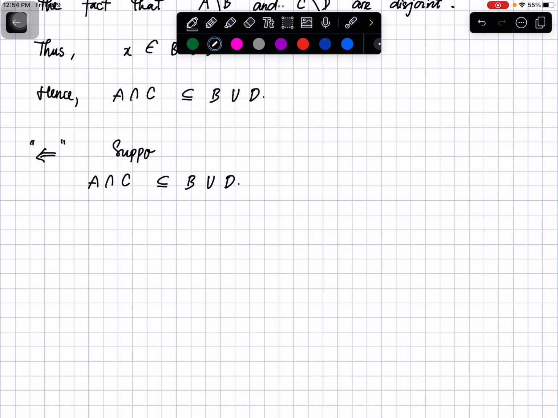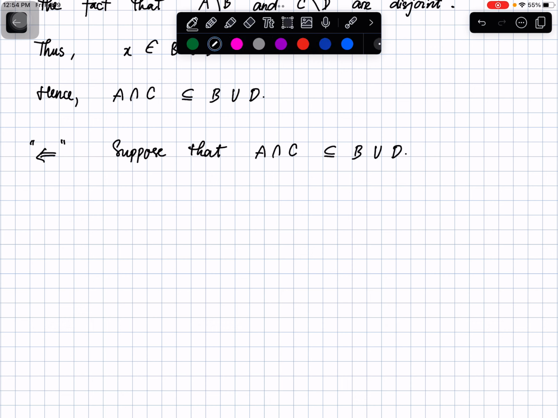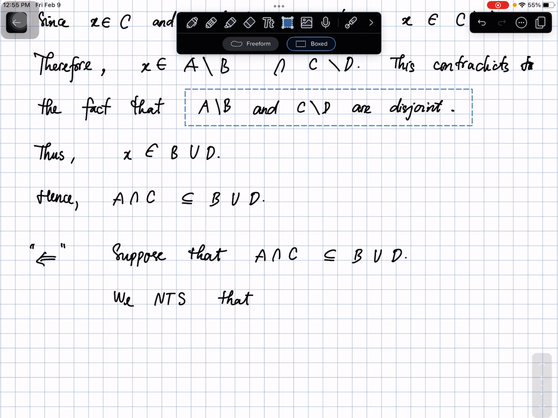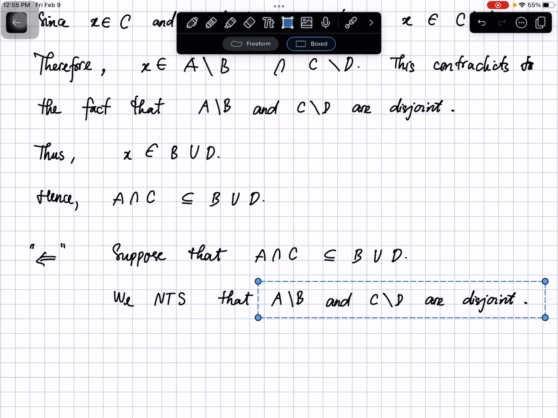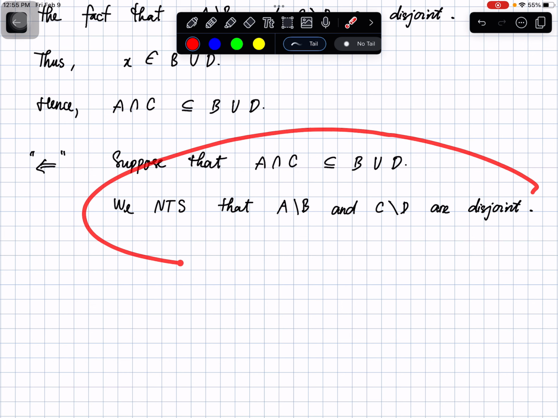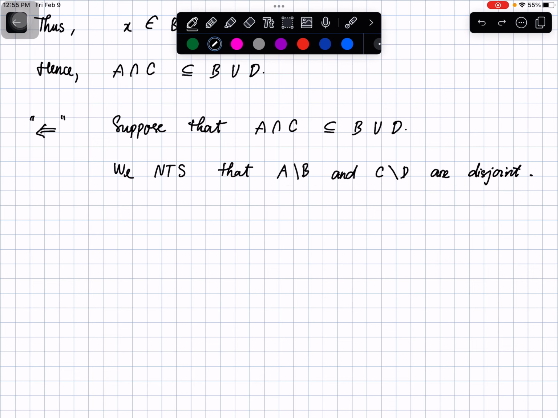Suppose that A intersect C is a subset of B union D. We need to show that the two sets here are disjoint. Okay, I guess we can do contradiction again. We need to show these two are disjoint. Now assume they are not disjoint. We can prove by contradiction.